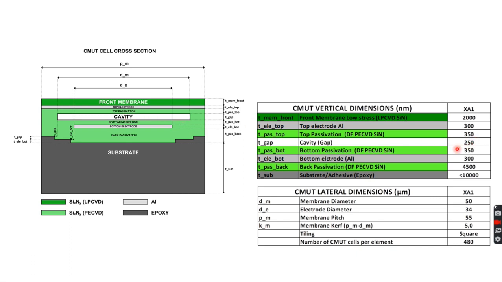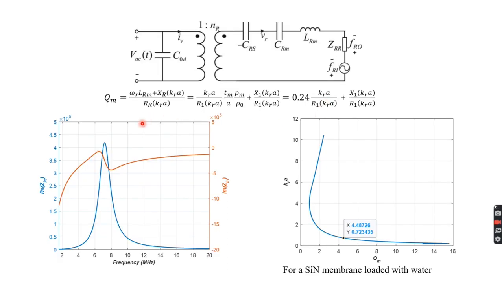So the cavity is about 250 nanometers. For these dimensions, if I put these vertical and lateral dimensions into the circuit model I've shown, what I get is a resonance of about 7 megahertz, and the quality factor is about 4.5 at the resonance ka of 0.72.